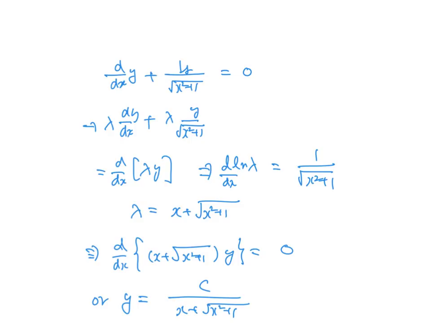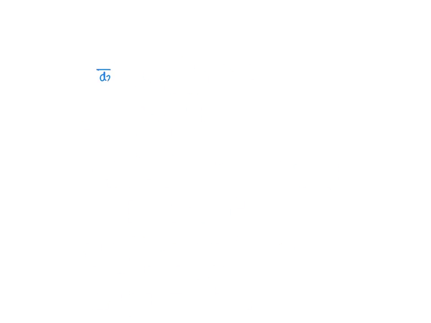And one example is dy/dx plus y over root x squared plus 1 is maybe x plus x squared plus 1 over x squared. How about that? We already know the integrating factor, right?